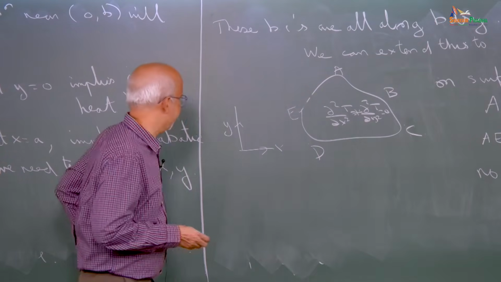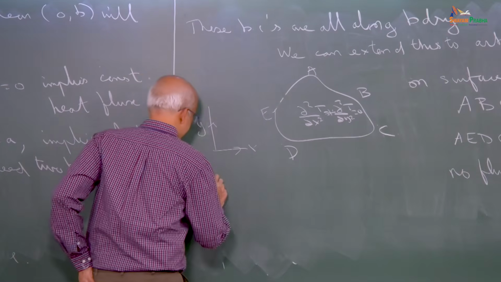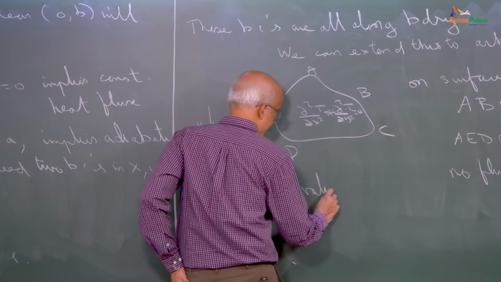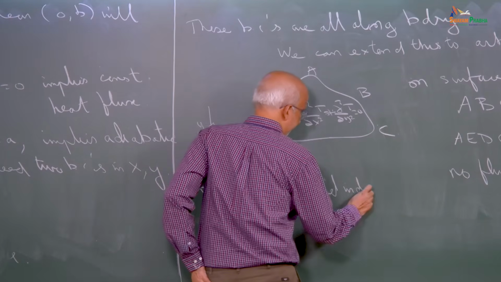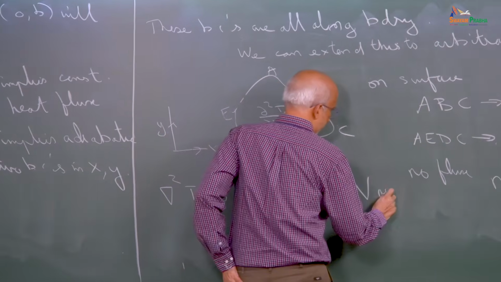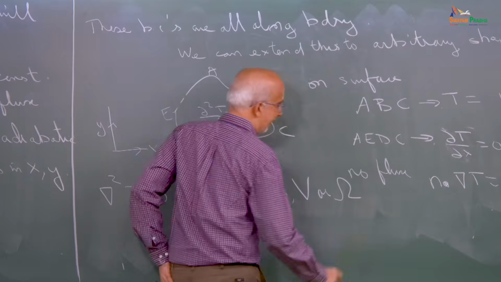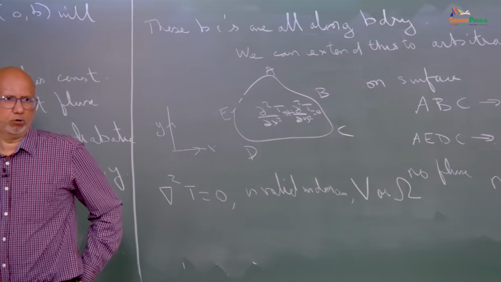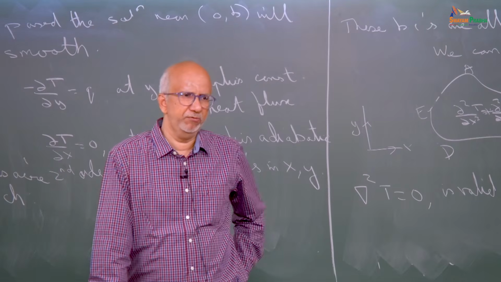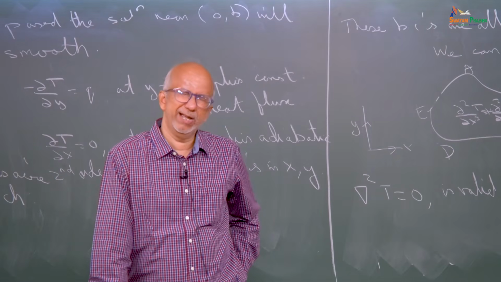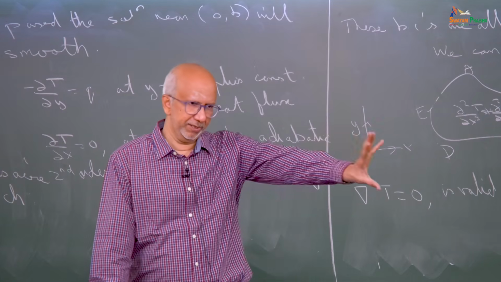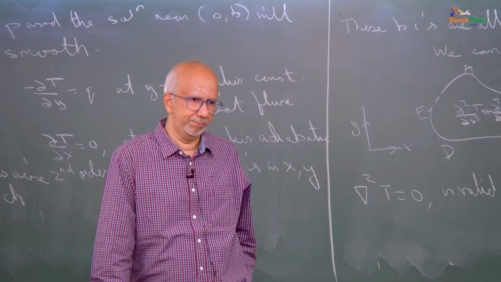So, they might say del square T equal to 0 is valid in the domain, and people may like to use V or omega for domain. Basically that is a symbol for the domain. In our earlier problem, V was x going from 0 to A, y going from 0 to B. I am just representing that as V or omega.